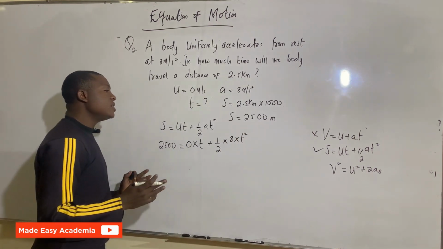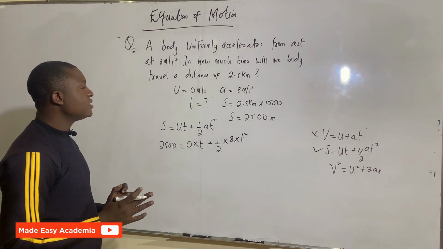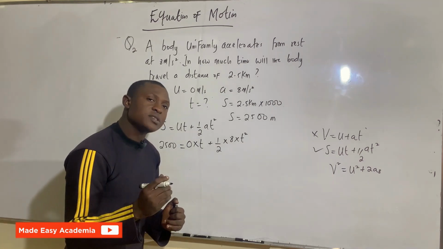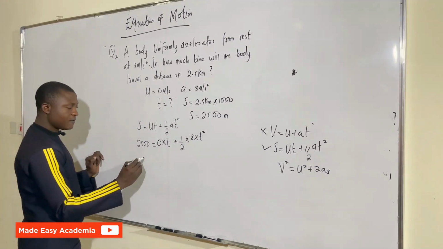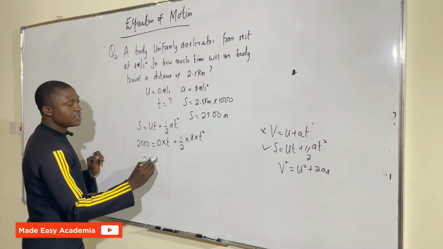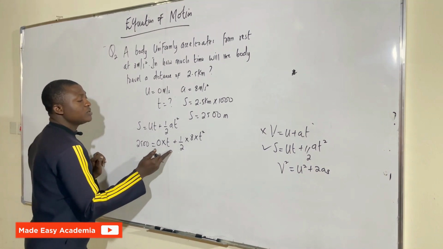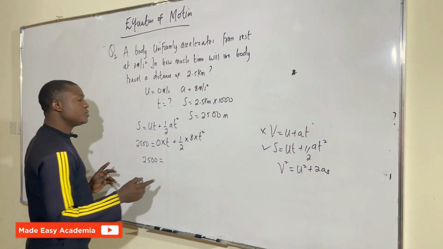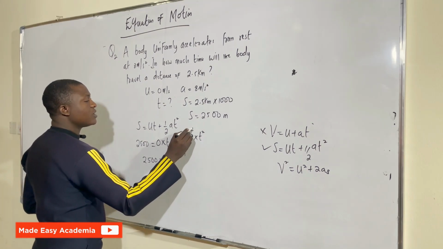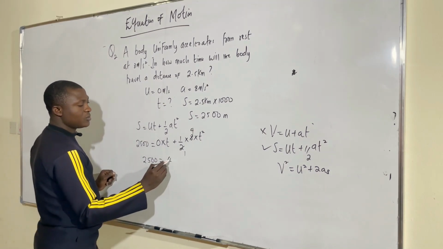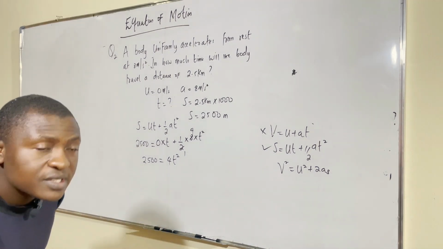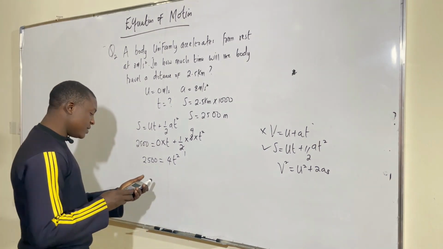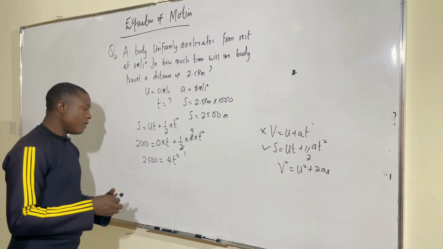You can see the most important thing is just first read out the equations and look at the one that satisfies the given data. So here we have 2,500 is equal to 0 times t, we are going to have 0. So 2 times 1 over 2, we are going to have 4. So here we just have 4t squared. So now, since I'm looking for t, I can make t the subject of the formula.